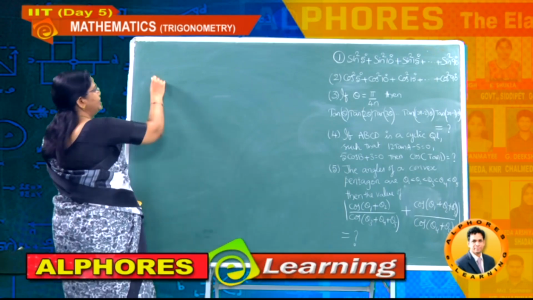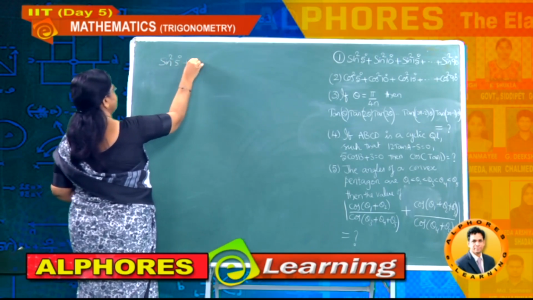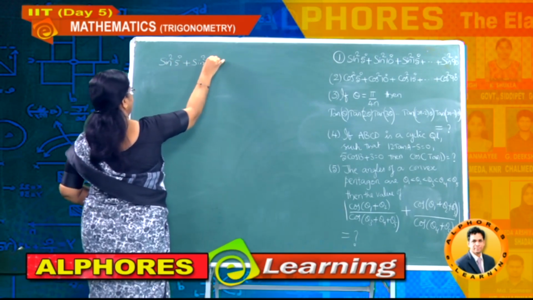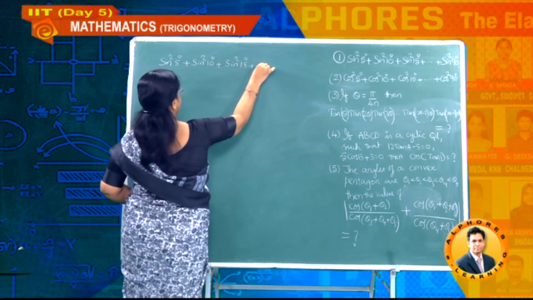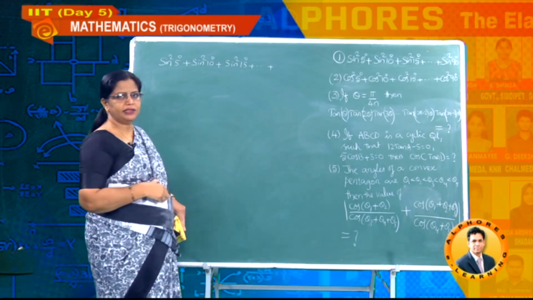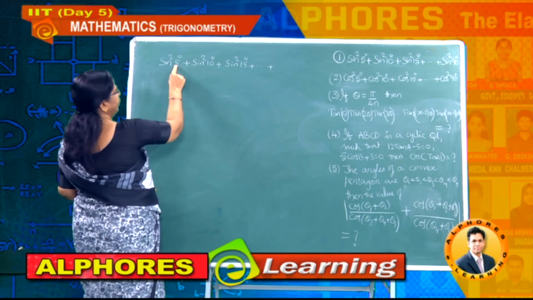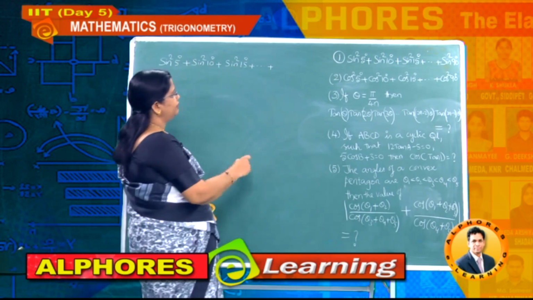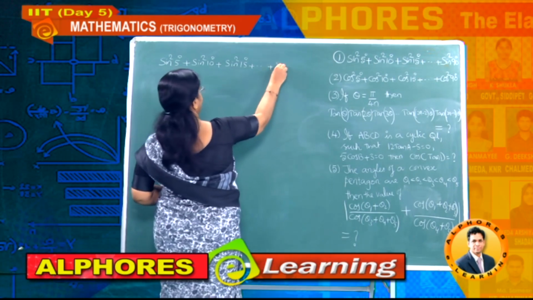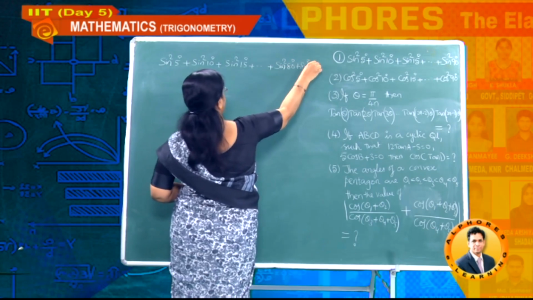Let us have a glance here. This problem: sin square 5 degrees plus sin square 10 degrees plus sin square 15 degrees etc. I am writing the last terms also. What difference are they maintaining for each angle? 5 degrees. So I am writing sin square 80 degrees and next sin square 85 degrees.